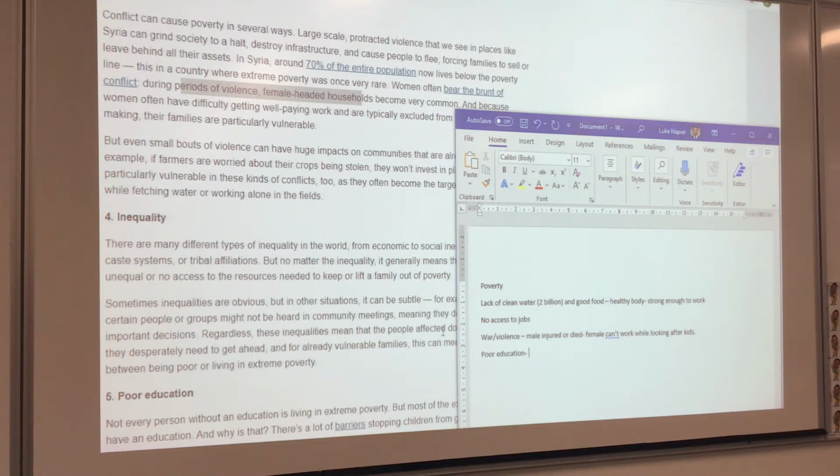Alright? Poor education. Why would that cause poverty? Luke? With better education, you can get better paying jobs and stuff like that. Fantastic. So if you've got an education, it opens up different jobs, better jobs.